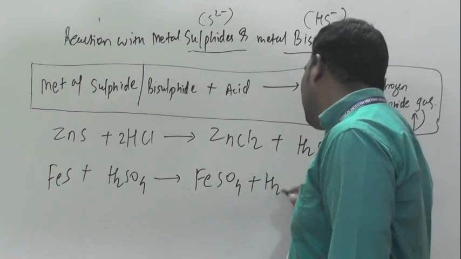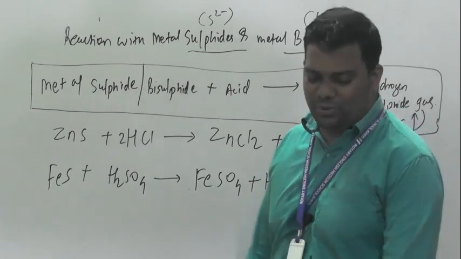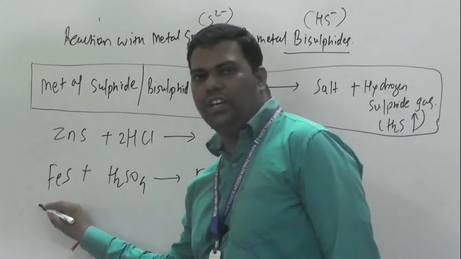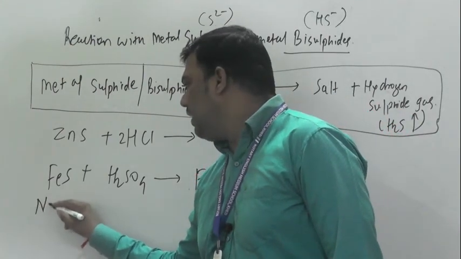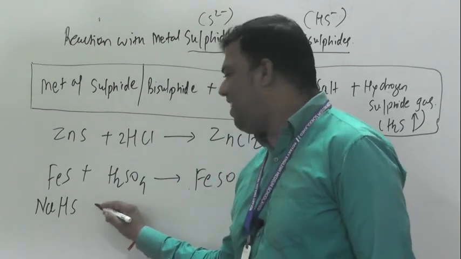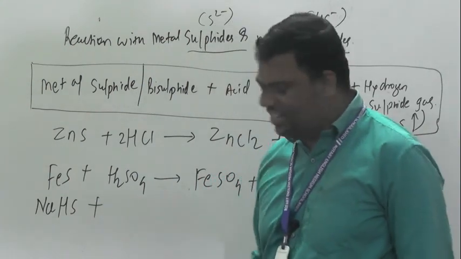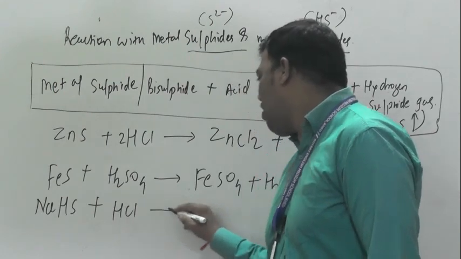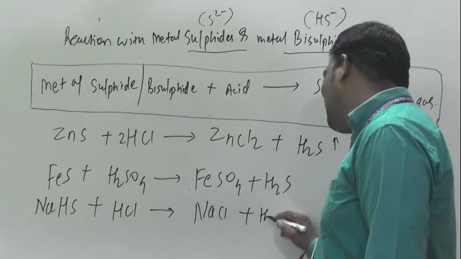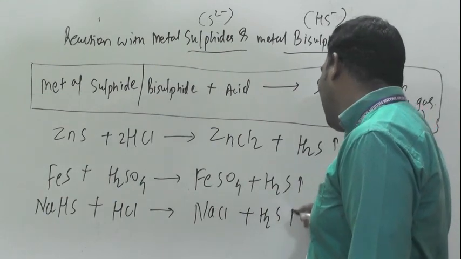FeSO4 plus H2S. And for a bisulfide, NaHS plus HCl, what will you get? NaCl plus H2S gas.